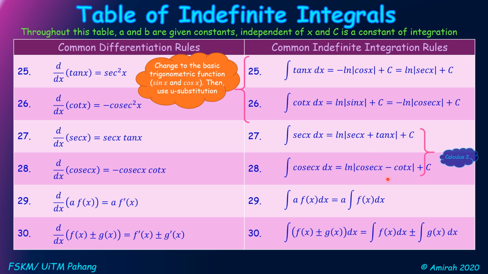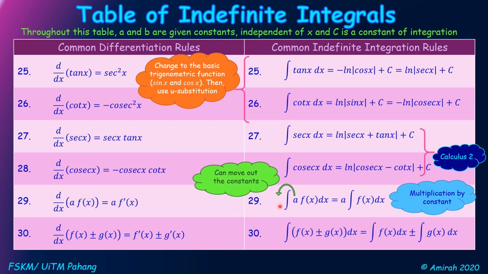This formula is actually in calculus 2, not in the syllabus of calculus 1. When we have a constant in front, we can move it out. This is multiplication by a constant. a here means constant, so we can move out the constant. But never move out a variable.